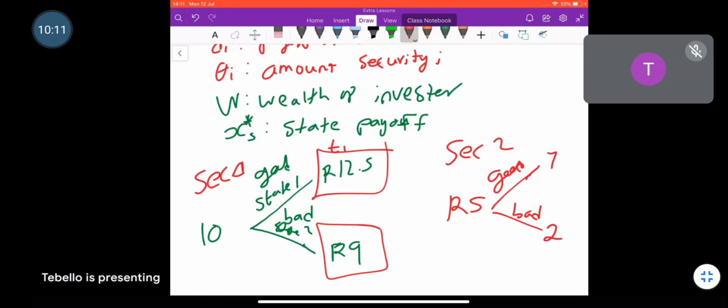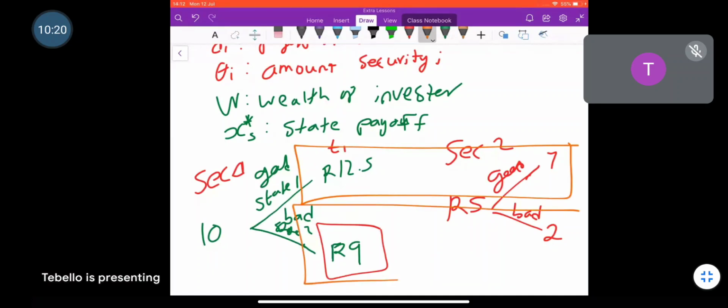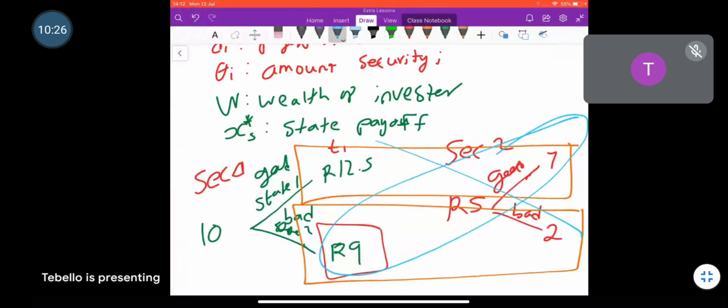Again, only one state is going to happen. It's either this or this, but you will not have something like a mix of both. This won't happen because only one state is going to happen. You are either going to have state 1 or state 2.